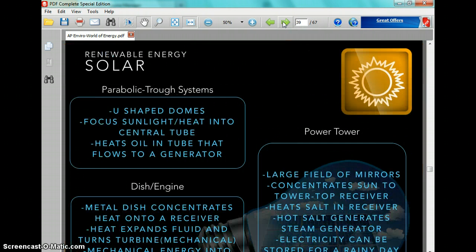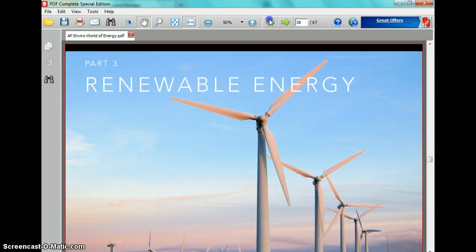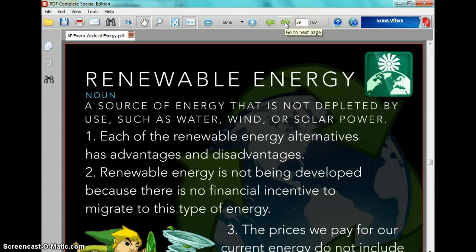Renewable energy is a source of energy that is not depleted by use, such as water, wind, or solar power. Each of the renewable energy alternatives has advantages and disadvantages. Renewable energy is not being used as much as it should because there is no financial incentive to move from non-renewable to renewable.